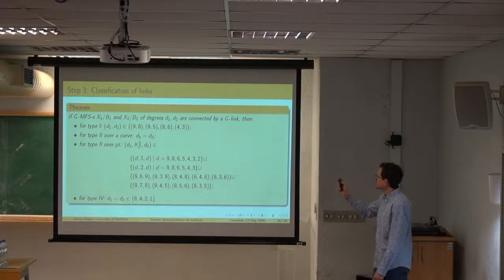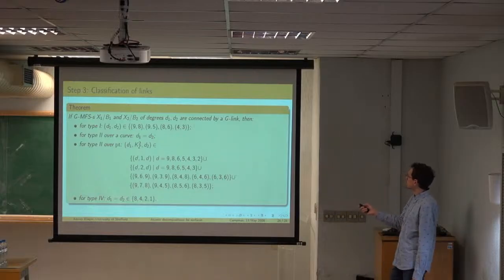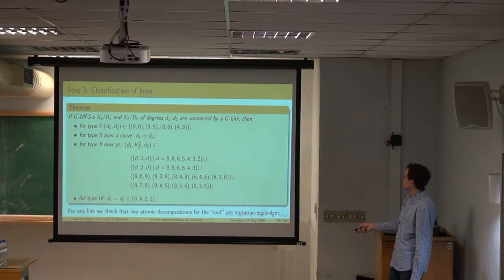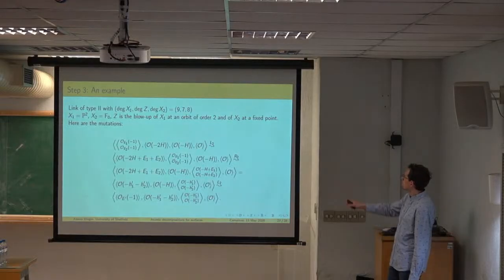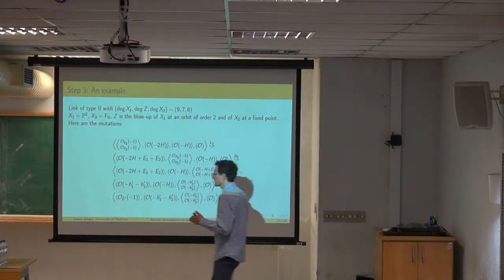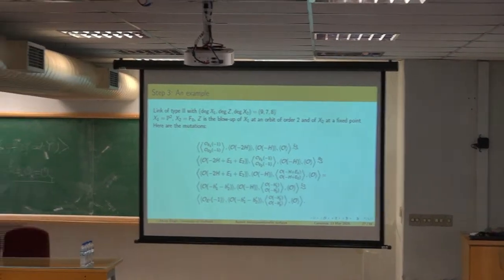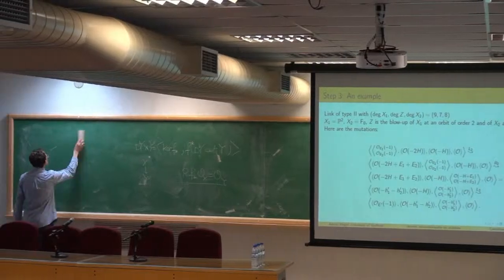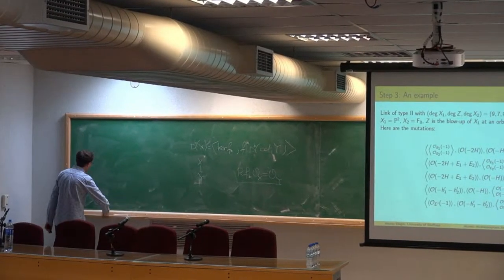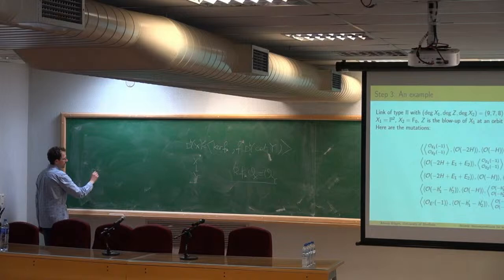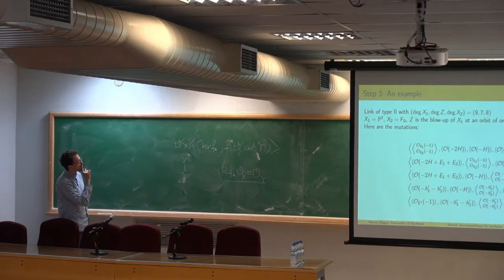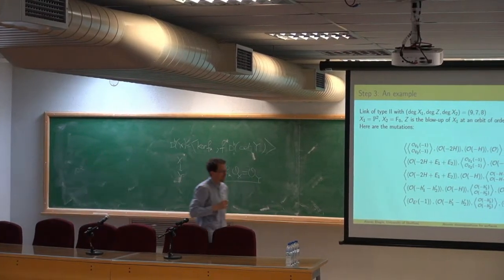Yeah, this is a classification of links, and maybe I'll show how it works on one of the elementary examples of a link, what we actually need to do. So we start from P2, blow up. This is the example that I'm thinking about.